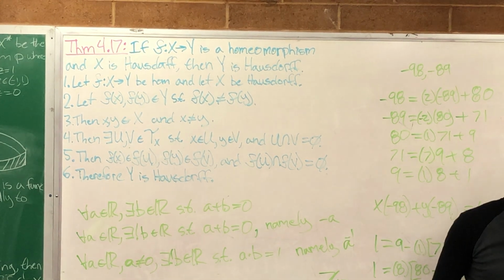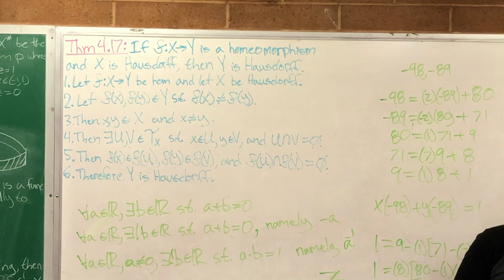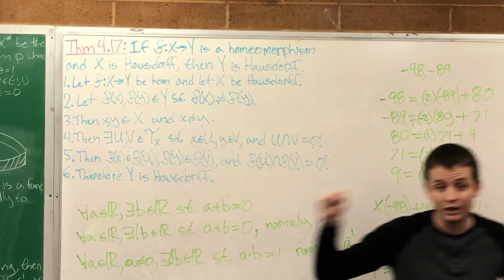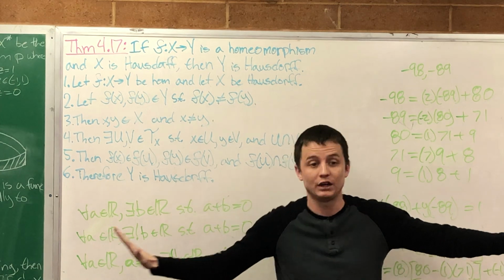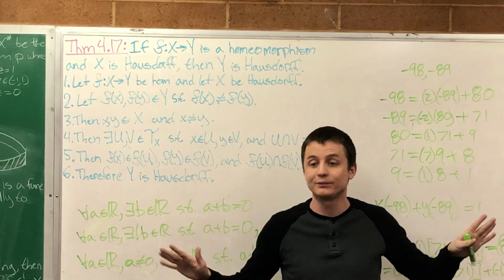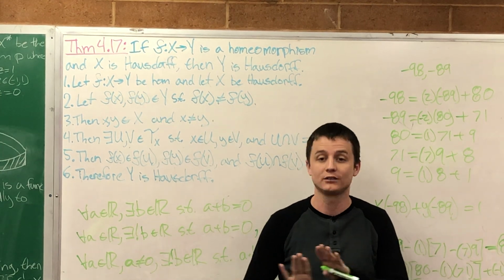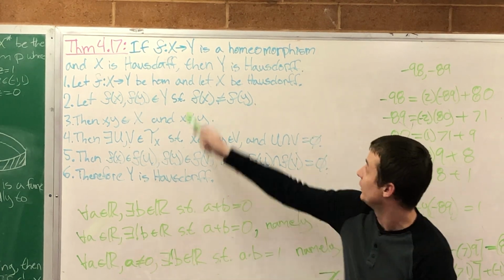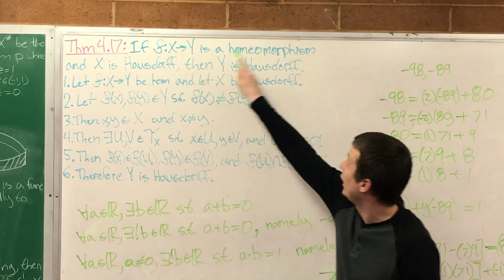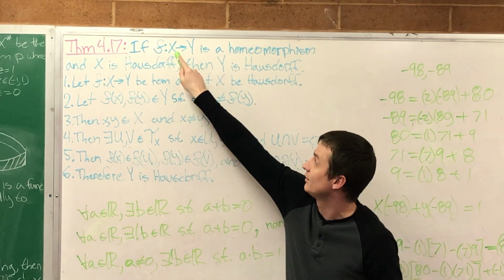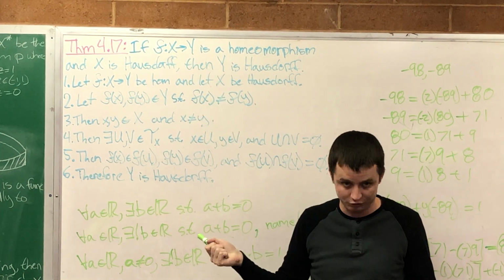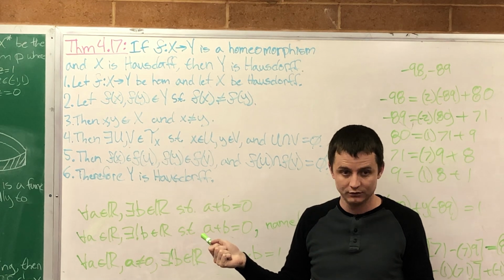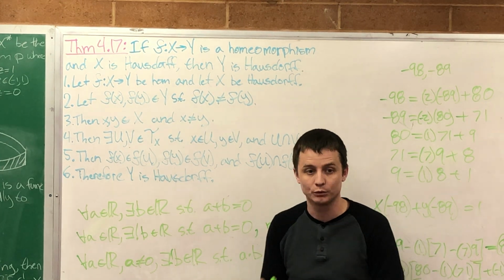So if I can show that one topological space has a topological property, and another topological space does not have that topological property, I don't even need to waste my time looking for a homeomorphism, because I already know that they're not homeomorphic. So we're going to prove that if X and Y are homeomorphic, and X is Hausdorff, then Y has to be Hausdorff, right? Because that is a topological property.